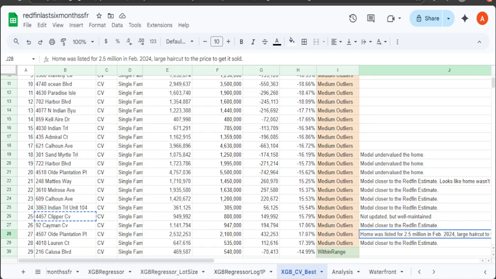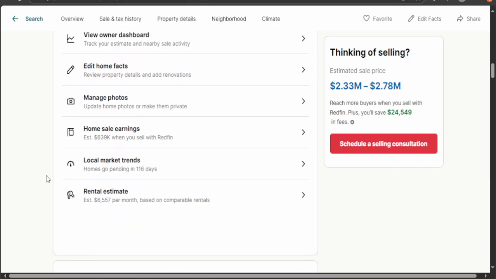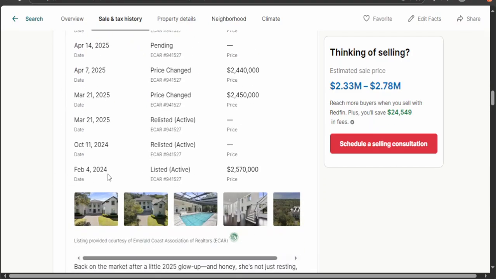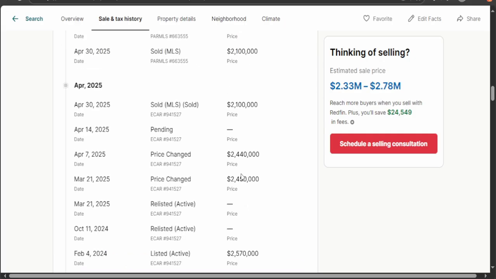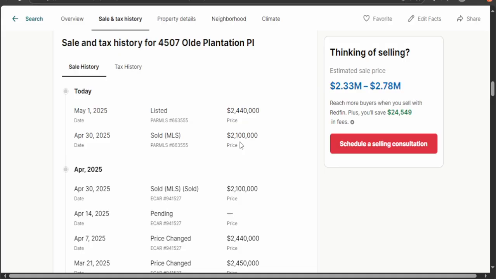So their mindset is, let's just list it at the Redfin estimate and drop it down till we get a price that we're okay selling it for. So it's listed in 2024, 2.5. They kept dropping it. And then it took a large haircut, 2.1. So I guess they were okay with their ROI at 2.1 million return on investment.